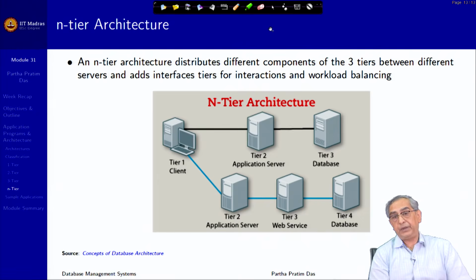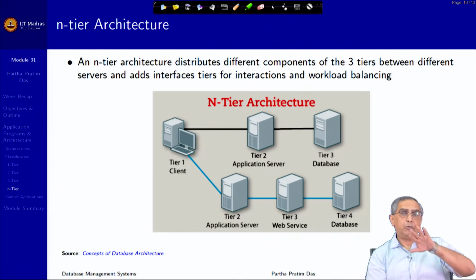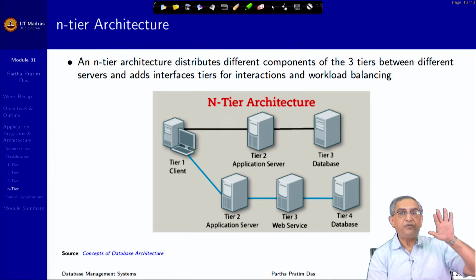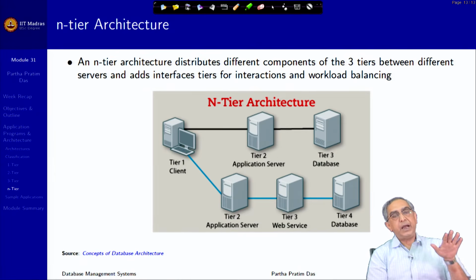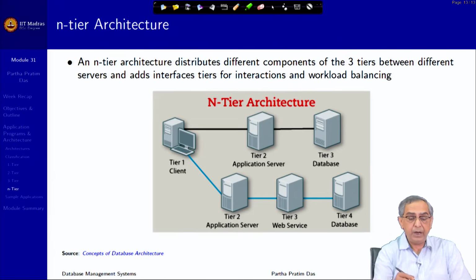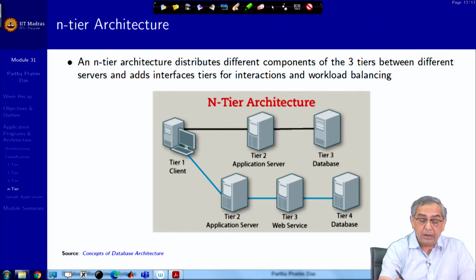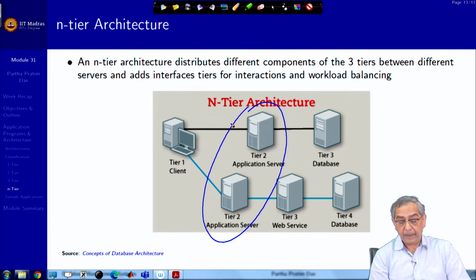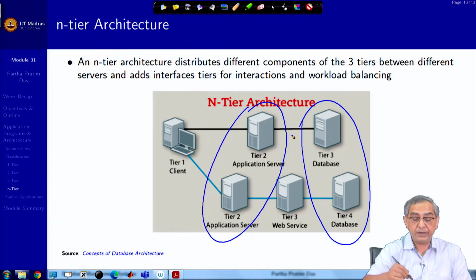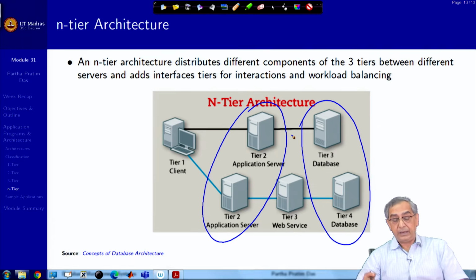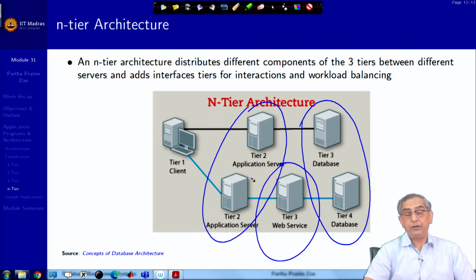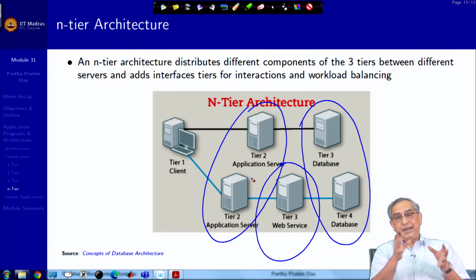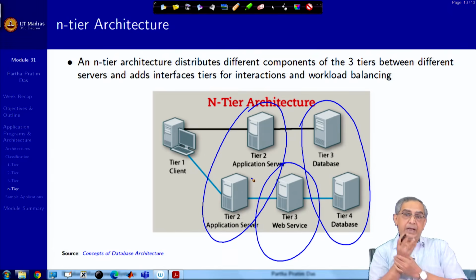There has been a lot of N-tier architecture also. So what I was talking about in the architecture was more from a functional point of view. And N-tier architecture also functionally more or less restricts to the 3-tier, but in the actual implementation, it could have multiple application servers. It could have multiple database servers at multiple layers. You could have a web service through which you actually connect to the database and the application as a separate entity.